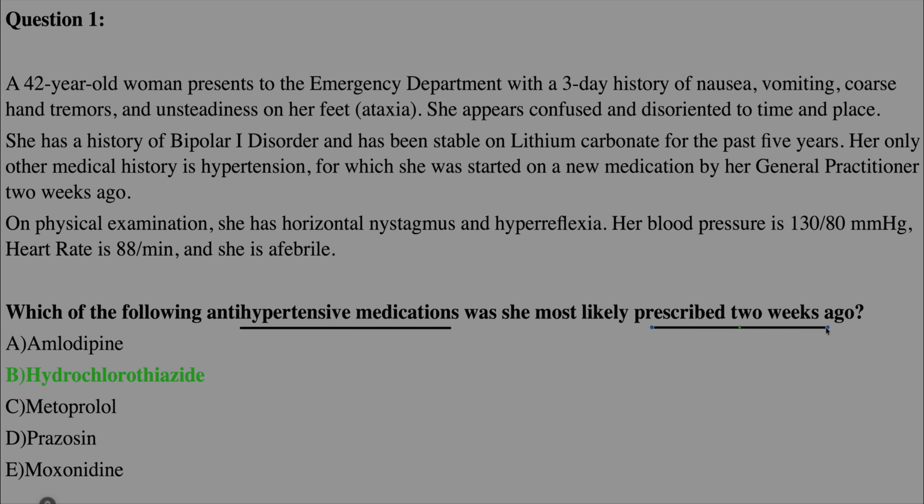Now, step 2. Step 2 is the complaints with which the patient presented to you. In this question, a 42-year-old woman presents to the emergency department with a 3-day history of nausea, vomiting, and coarse hand tremors.